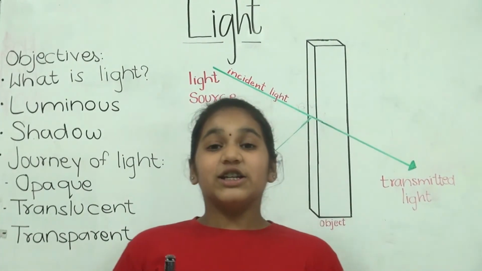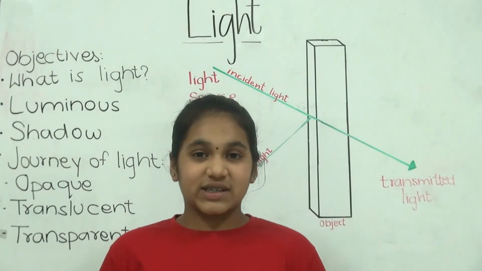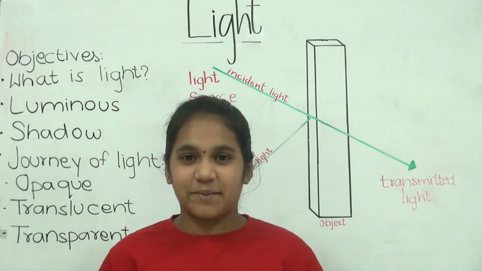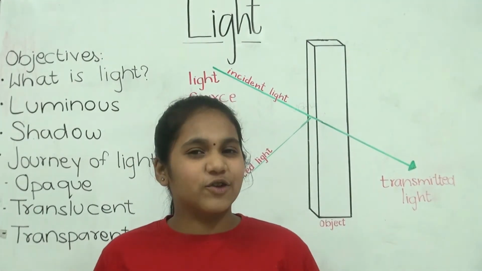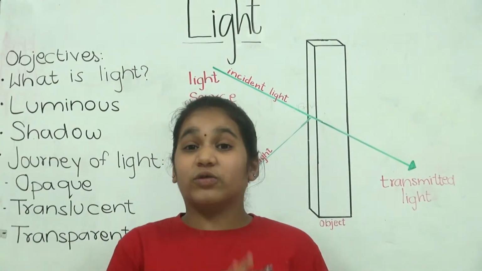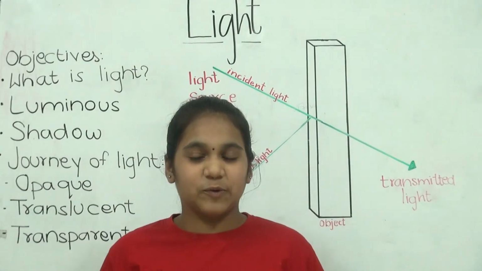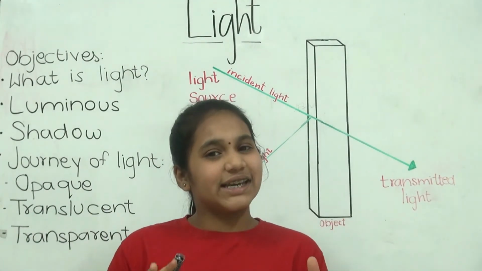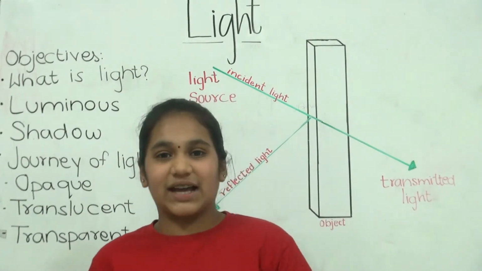Translucent. Translucent are objects that you cannot see through and can see through at the same time. You must be confused. For example, wax paper or tracing paper, or even frosted glass. You can see, but at the same time, you cannot see.